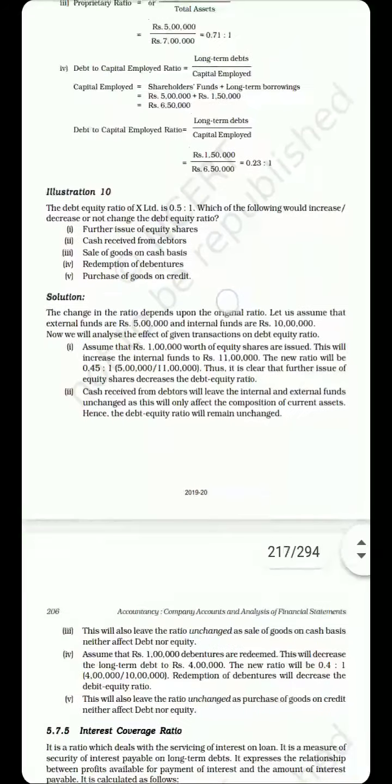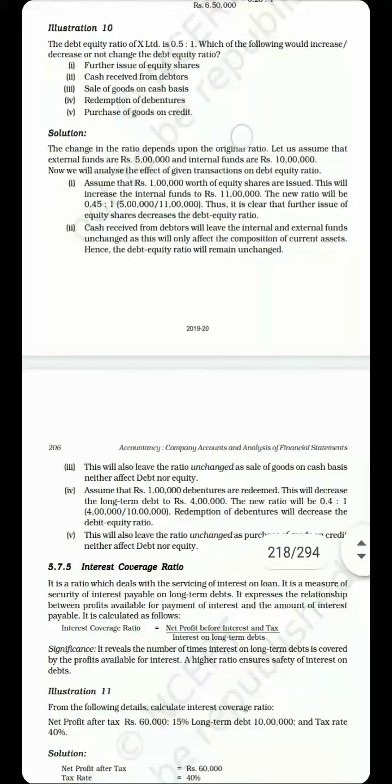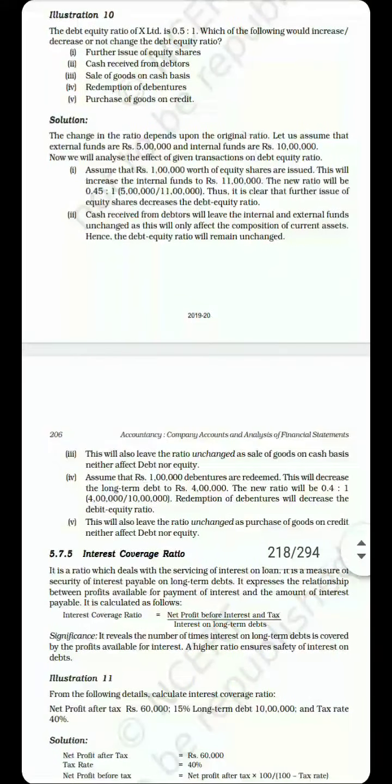Coming to illustration 10. For solving illustration 10, last time I gave you a set of notes. If NR is greater than DR, then an equal amount when subtracted from NR and DR will increase the ratio.